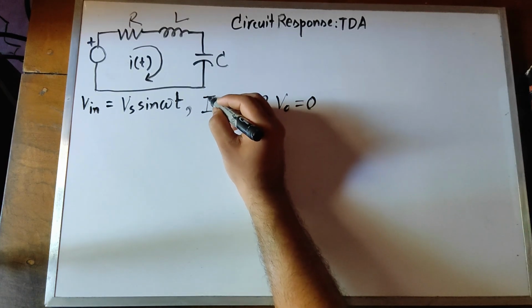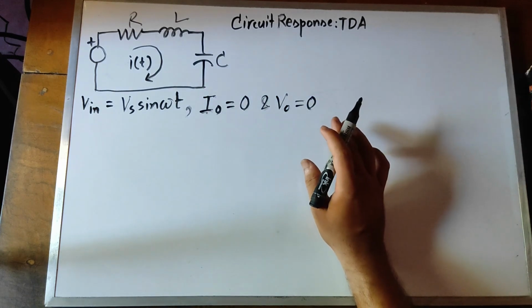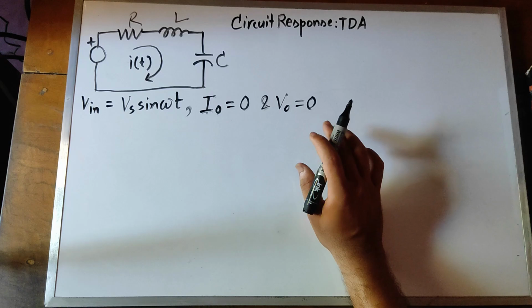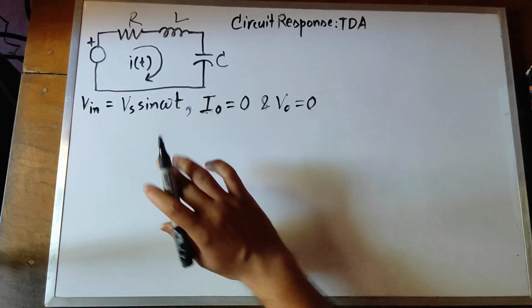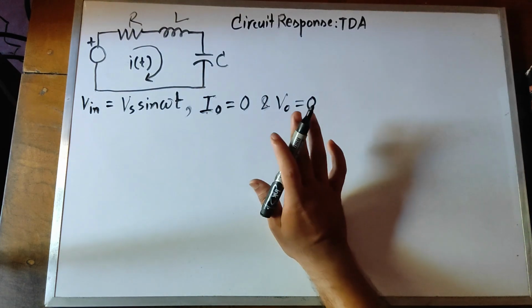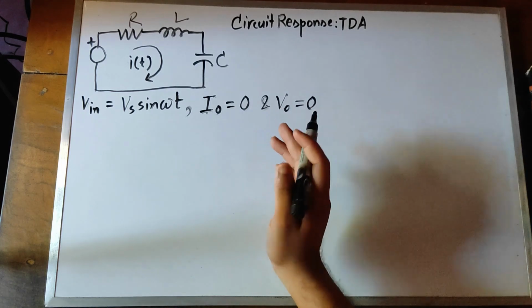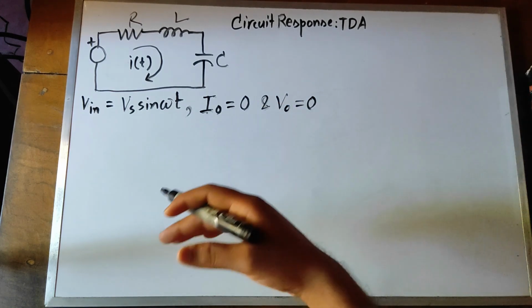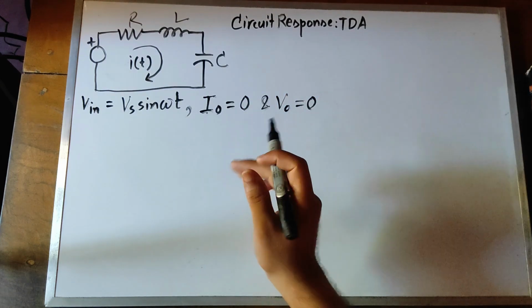Because I have used these initial current and voltage terms in my other videos, for this sinusoidal input I will assume that these two are 0, because otherwise it would make the derivation a bit complex and unnecessarily long.